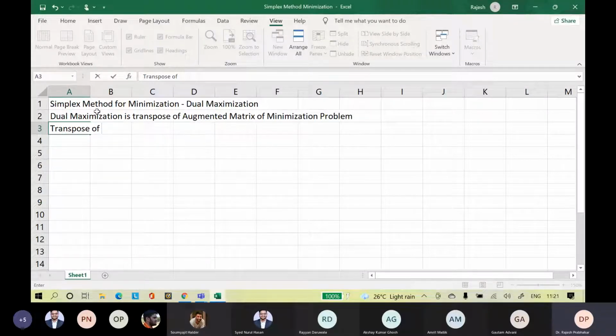Now, this has to be done only on the last row and the right hand side. Only these values will be transposed. Rest of the matrix will remain same.